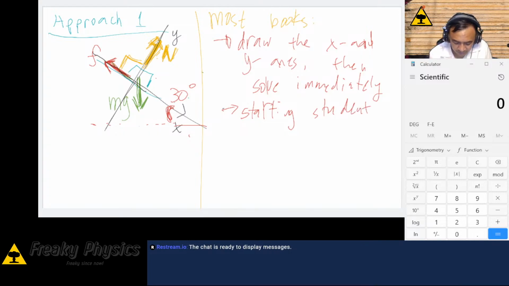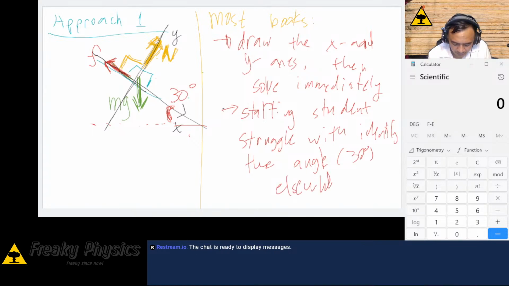They struggle with identifying the angle somewhere else, in this way, 30 degrees elsewhere. In my case, because I've been working with this for so many years, I can see where the angle is immediately. That 30 degrees will be here.